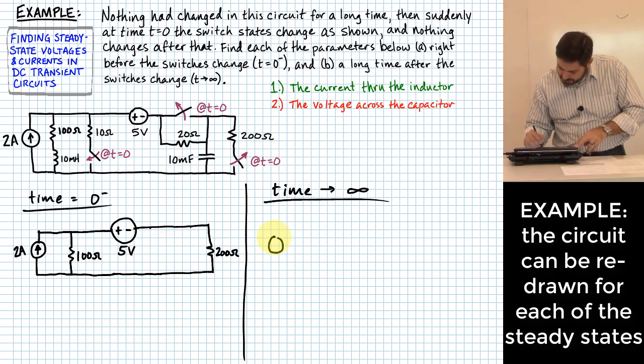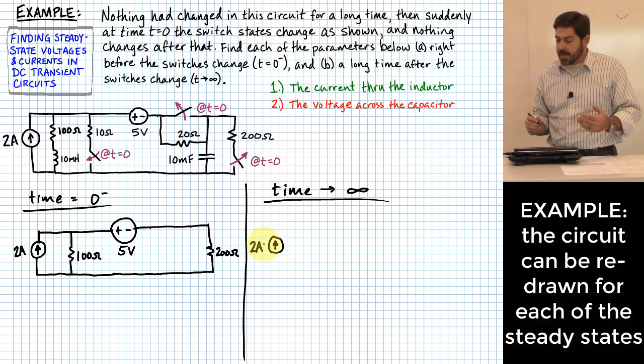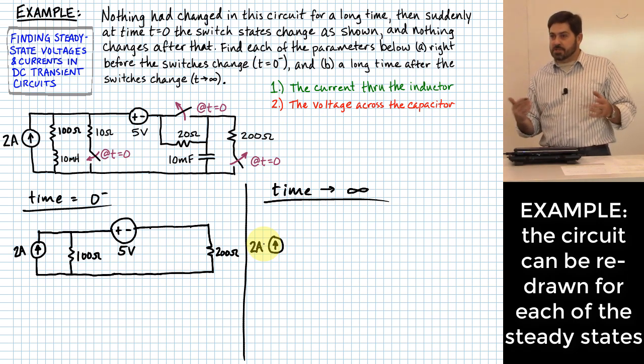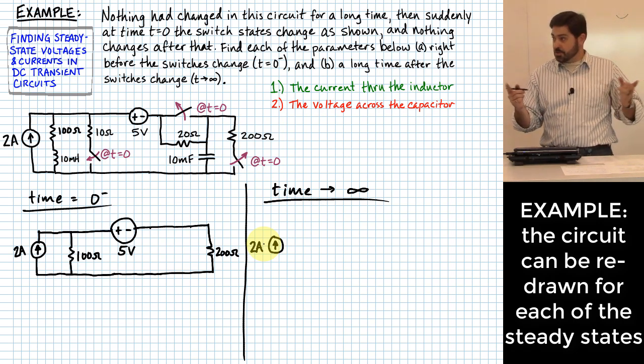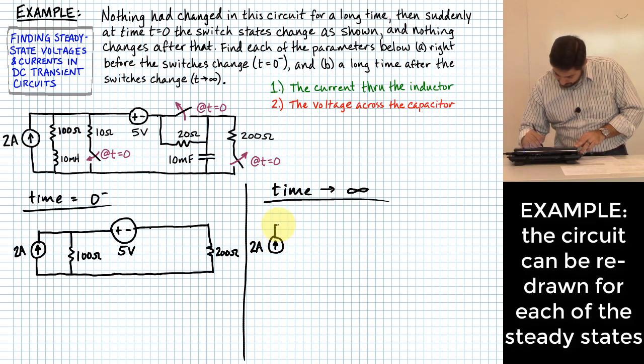Same type of process, right? We're still going to treat all of our inductors as short circuits and all of our capacitors as open circuits, but now we have a different set of switch states that we have to take care of because the switch has changed, right? So now we have to figure out what those are going to be a long time from now.